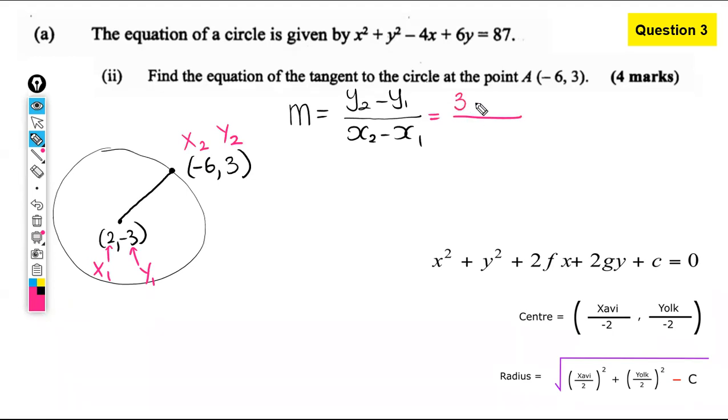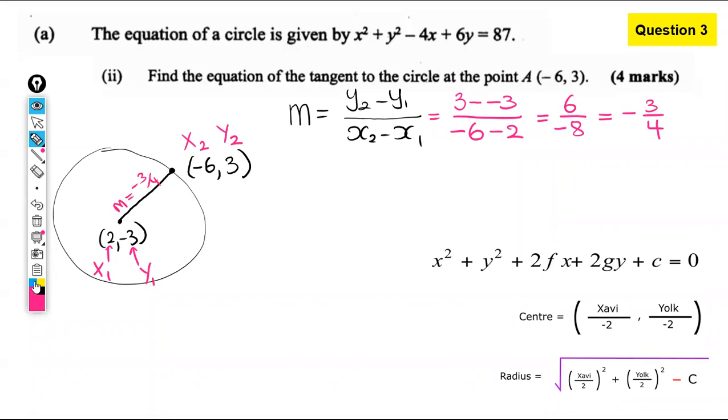You're going to get 3 minus -3, because the formula has a minus sign and y1 has a negative sign, okay? x2 is minus 6, minus 2. So on top, you're going to get 3 plus 3, which is 6, over minus 6 minus 2, that's minus 8, better known as minus 3/4. How many of you all got the gradient to be minus 3/4? But that's for the radius only.